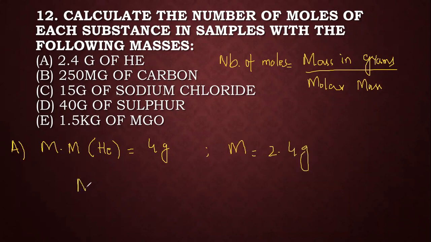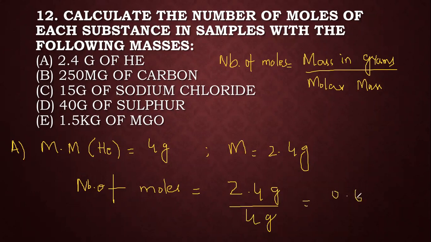So the number of moles equals 2.4 grams divided by 4 grams. So the value is 0.6 moles.